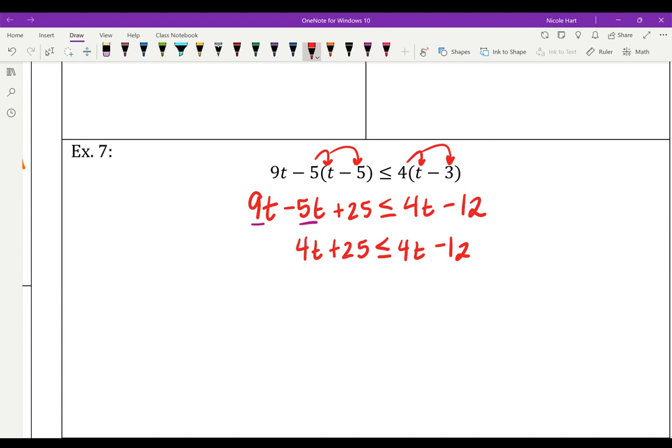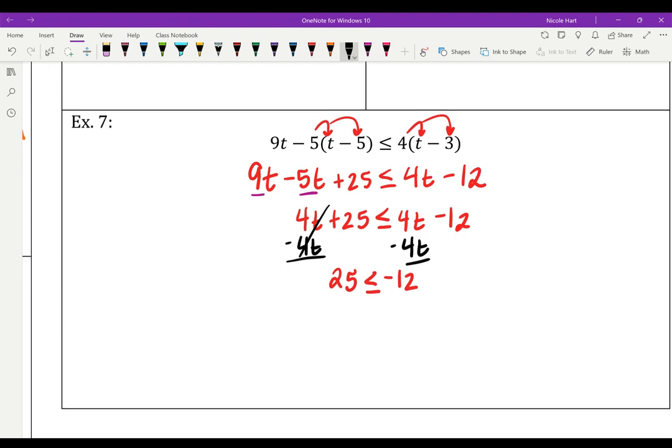Wow. And so we subtract 4t, and we have 25 is less than or equal to negative 2. And if you're not quite sure on that one, if you want to move all of the numbers to one side, you can. So if I do plus 12, then 25 plus 12 is 37, is less than or equal to 0.